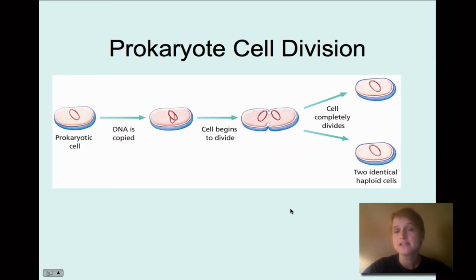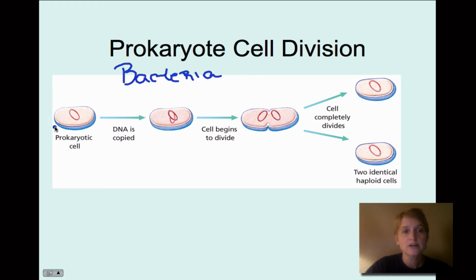The first kind of cell division we're going to talk about is prokaryote. Remember, prokaryote means bacteria. Bacteria are fairly simple organisms, so their cell division is fairly simple. In a prokaryotic cell, remember it just has that single loop of DNA.